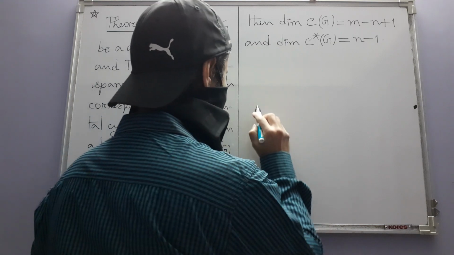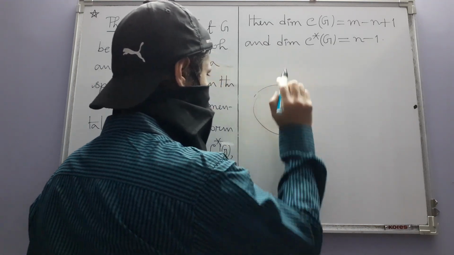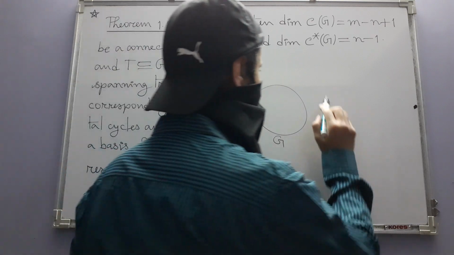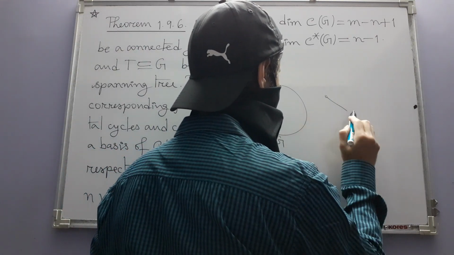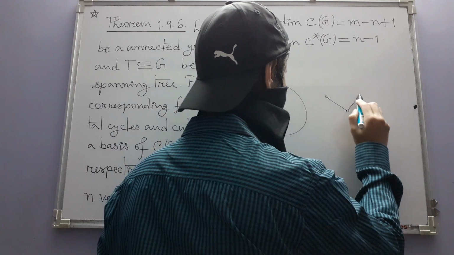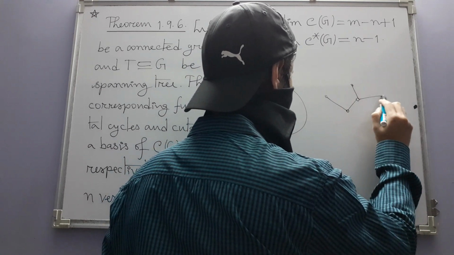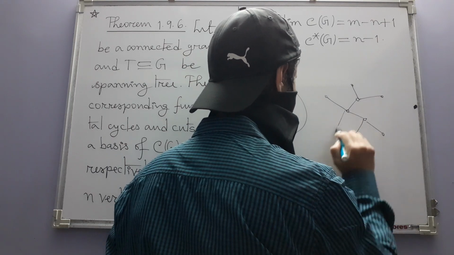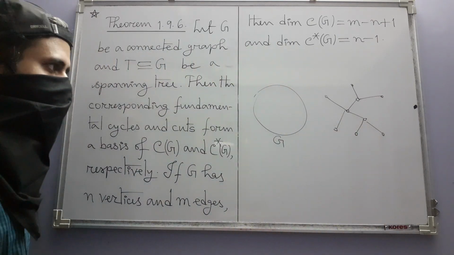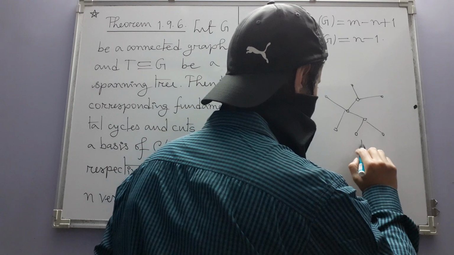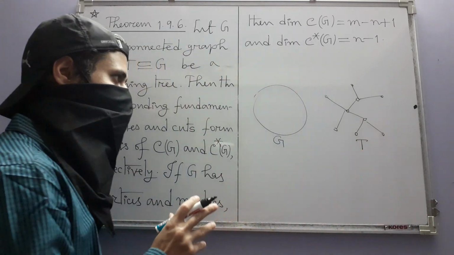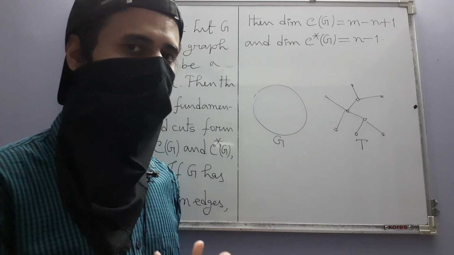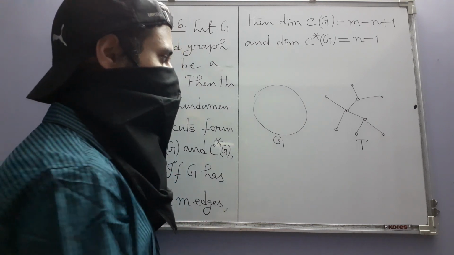So say you have your connected graph G in which you find some sort of spanning tree. The tree is spanning because it will have all the vertices of the graph, but not necessarily all the edges of the graph, of course.